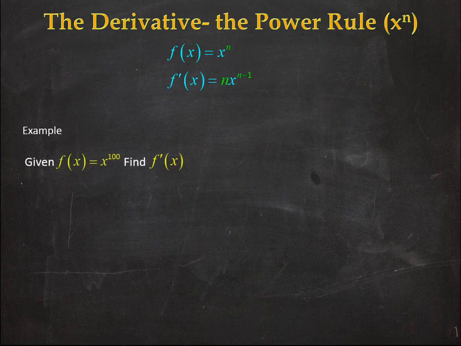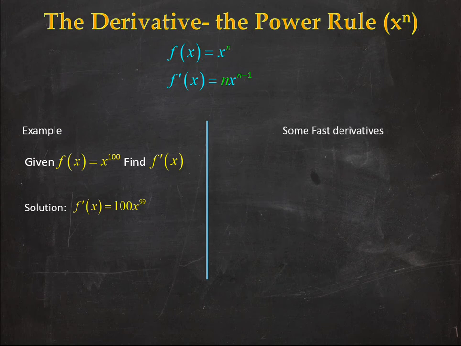Let's take a function f of x equals x to the 100, and we're asked to find a derivative, that is f prime of x. But all we need to do is put the 100 in front of the x, take the exponent 100, decrease it by 1, which is 99, and so our derivative is simply f prime of x equals 100 x to the 99. Can't get much simpler than that.